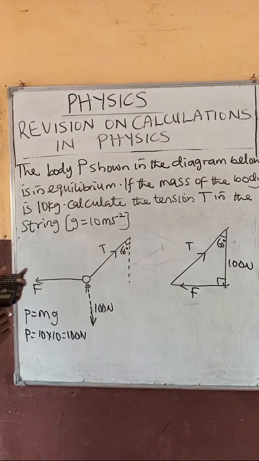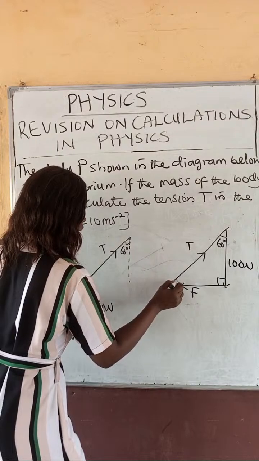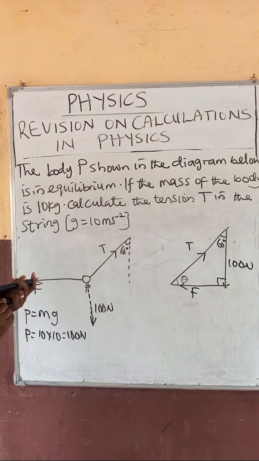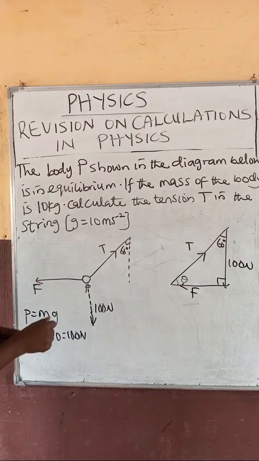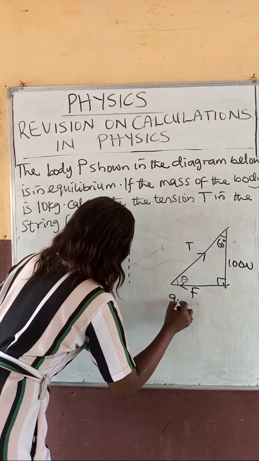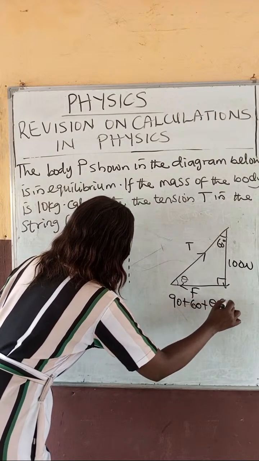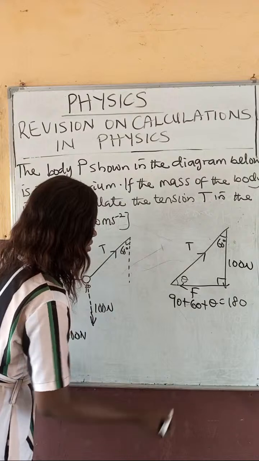Now the next thing we are going to do is to solve for this angle here, theta. The sum of angles in a triangle is equal to 180 degrees. So 90 plus 60 plus theta is equal to 180, right?